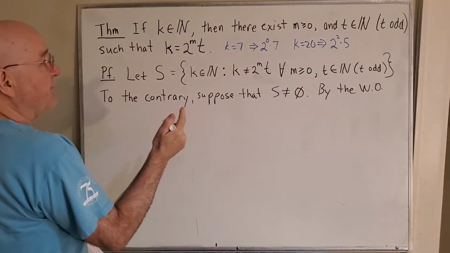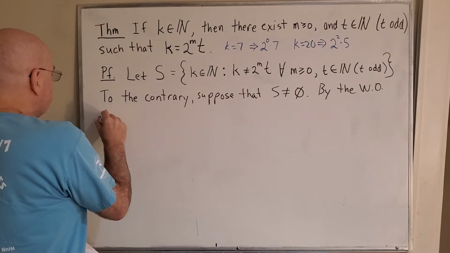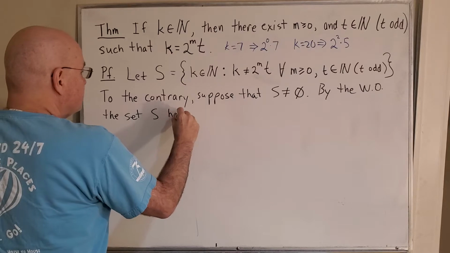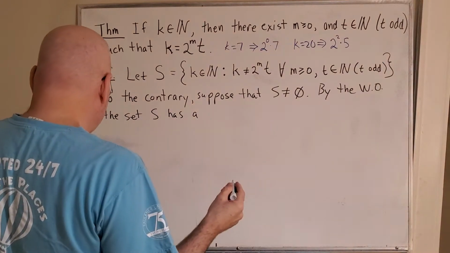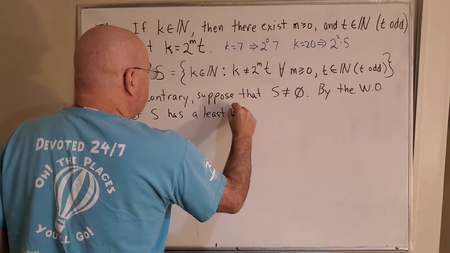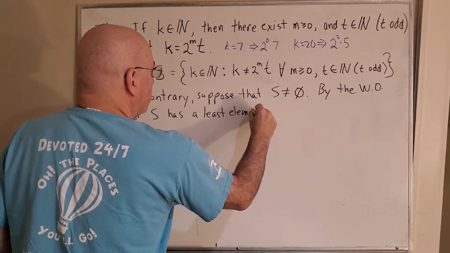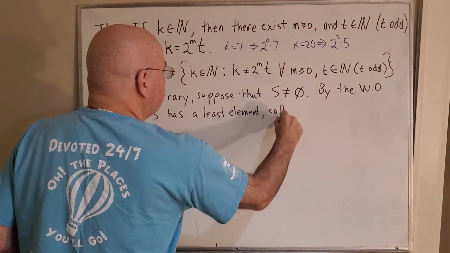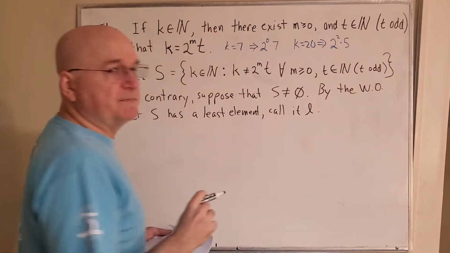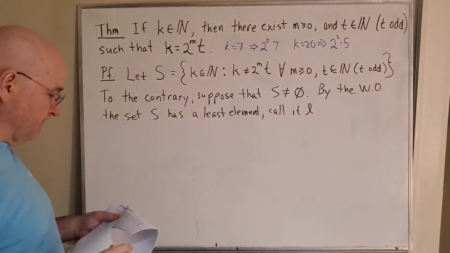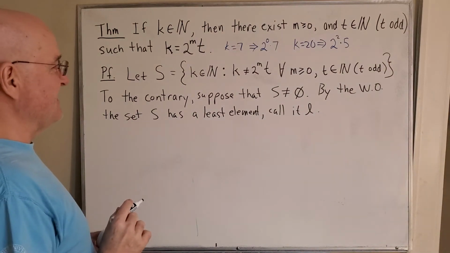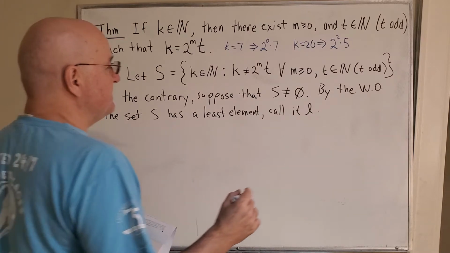By the well-ordering property, set S has a least element, a smallest element. And let's just give it a name. Let's call it script lowercase l. Now, I've got to think carefully on this one.